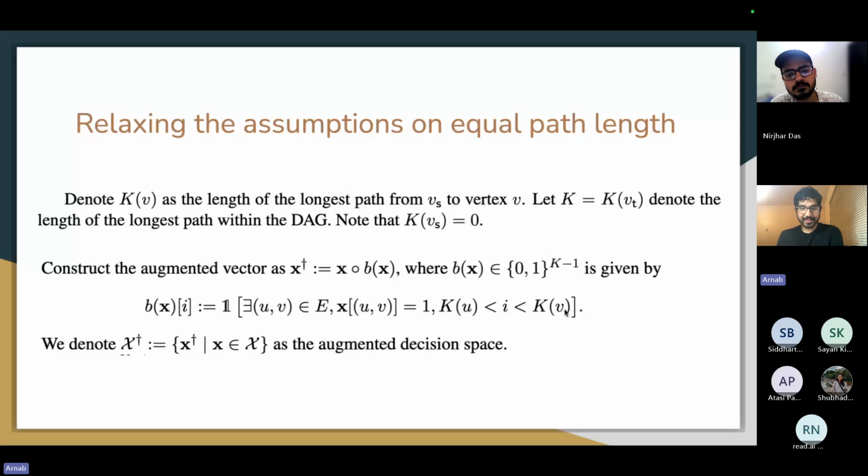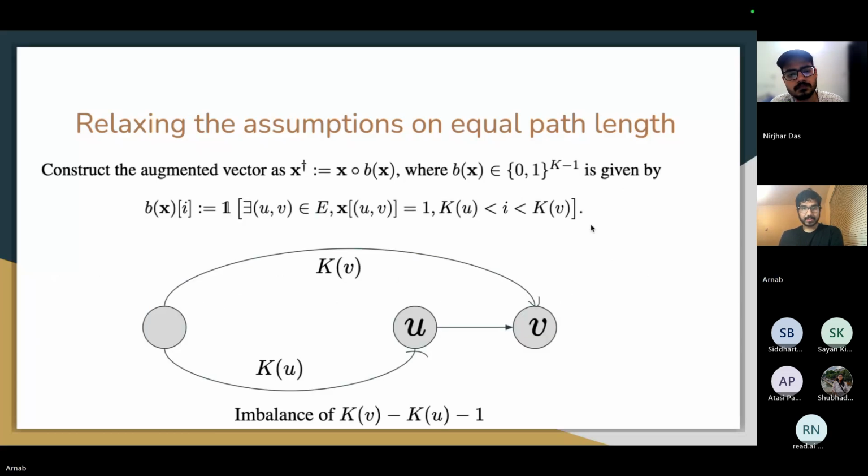Let me explain the intuition here. When is there an imbalance? There'll be an imbalance if you take the longest path from source to u and add 1, and that is way smaller than the longest path from source to v. So this is k_v, and this is k_u + 1. If k_v is much larger than k_u, that's where the imbalance comes up, and I need to fill in this gap.